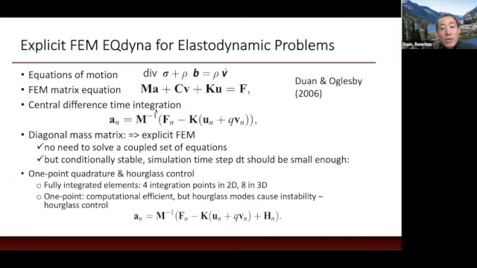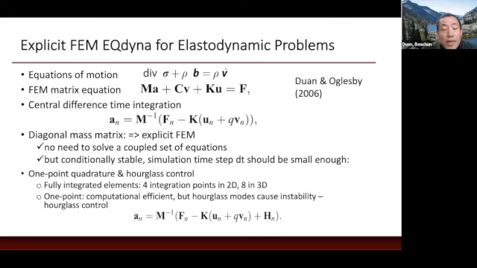This way we don't need to solve a coupled set of equations. This is really the beauty of this kind of finite element method. You don't need to deal with solver issues, particularly for a large system of equations.